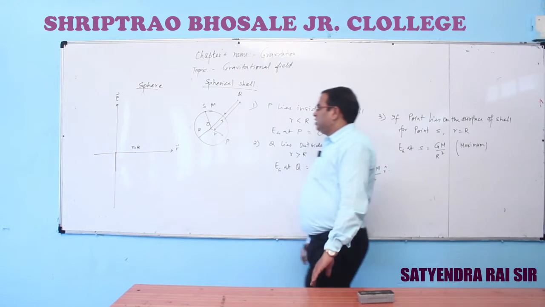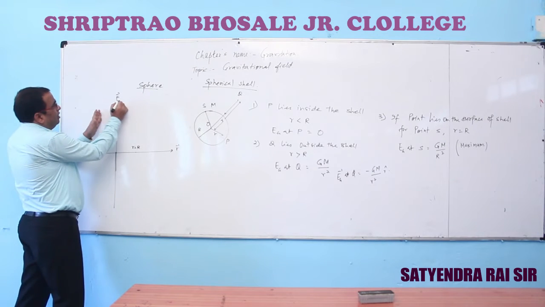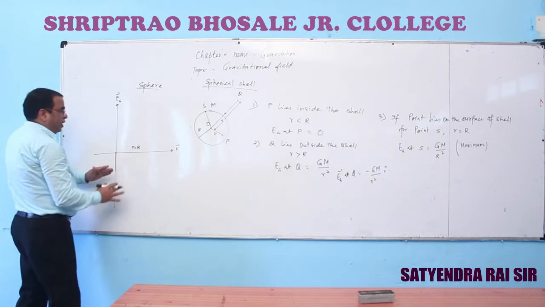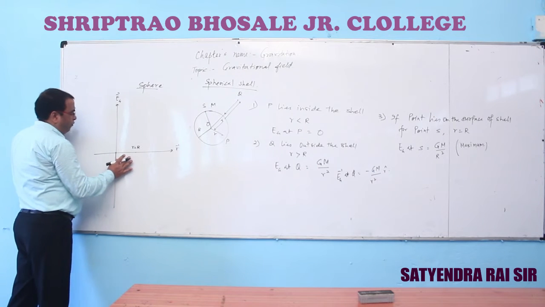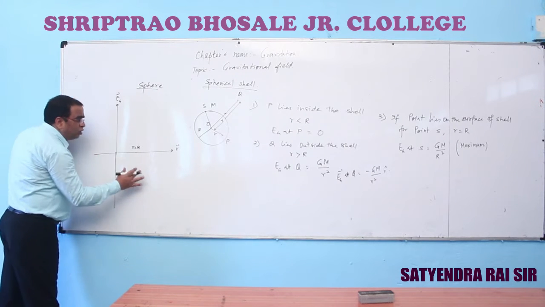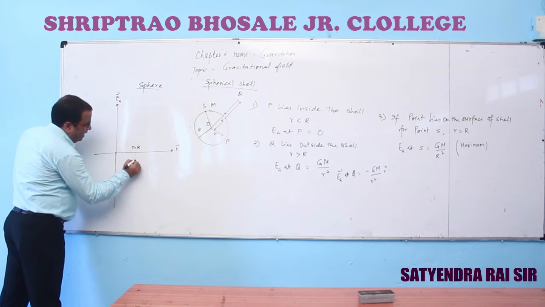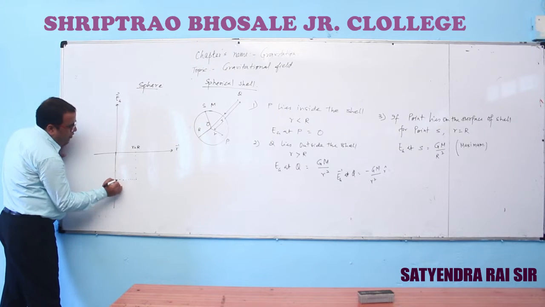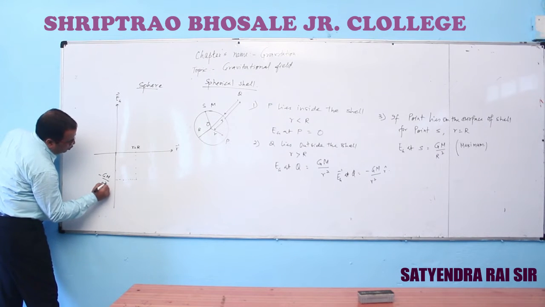Since E_G and R are both vector quantities, we have to take care of the sign also, so it must be plotted in the fourth quadrant. This point is minus GM by R square.